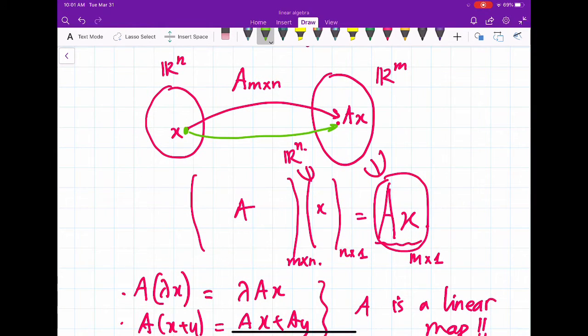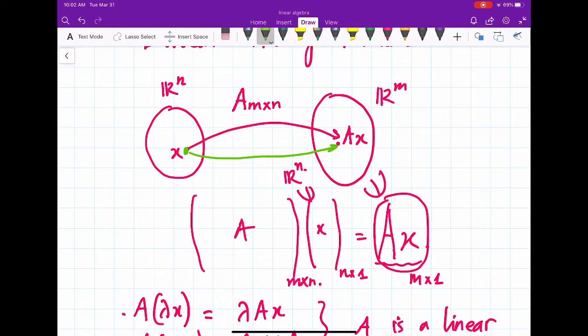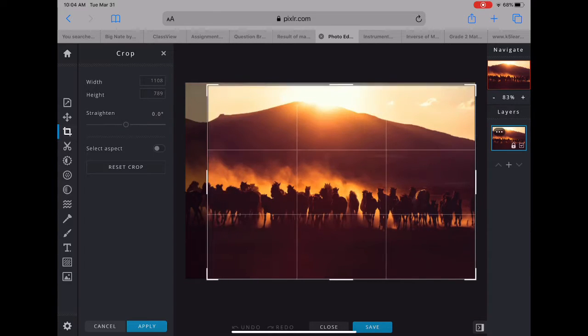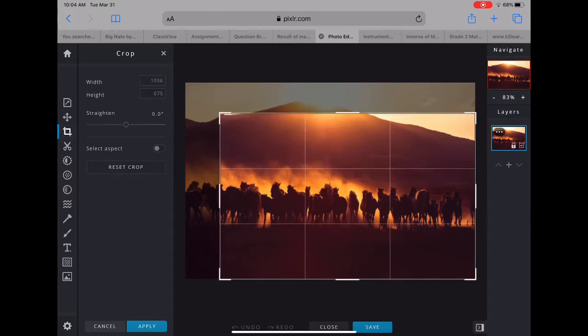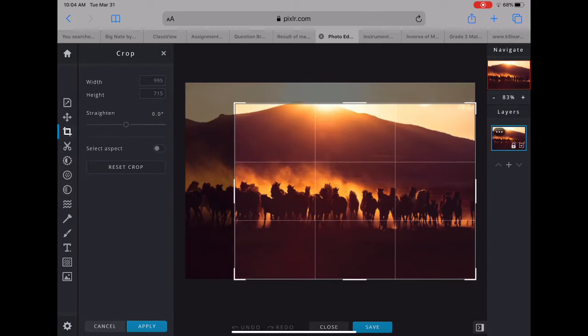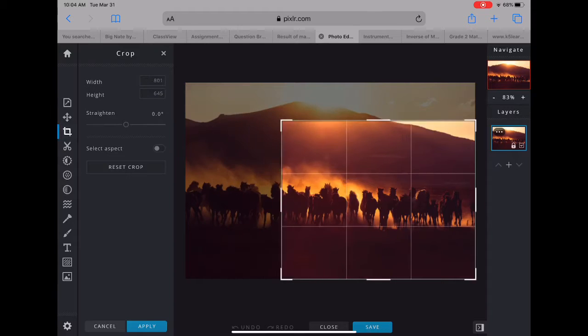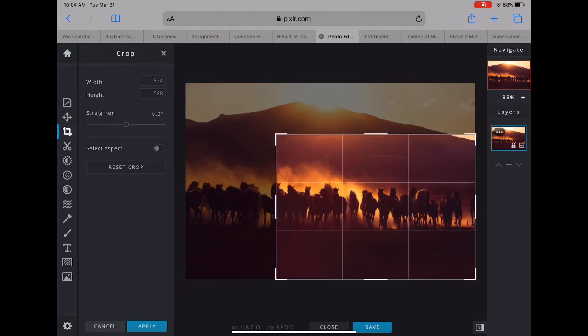In this situation, we have different spaces, Rn and Rm. If you consider Rn to Rn, it means the matrix A is square, so you have a linear transformation in the same space. Let me show you one picture. This is the program Photoshop online. I have a picture right here. I want to change the photo like this. I'm doing some linear transformation. In this case, we fix the point in the corner on the right hand side, and then we change the point on the left hand side.